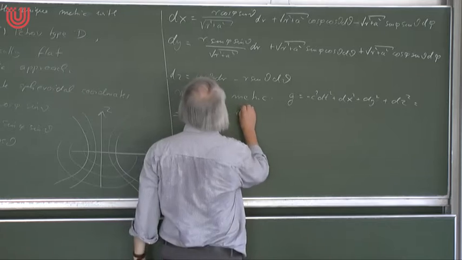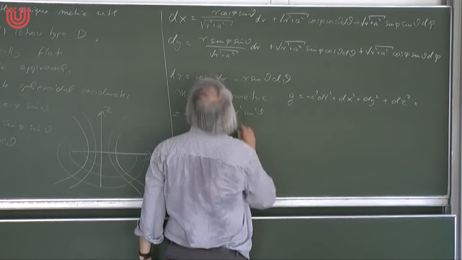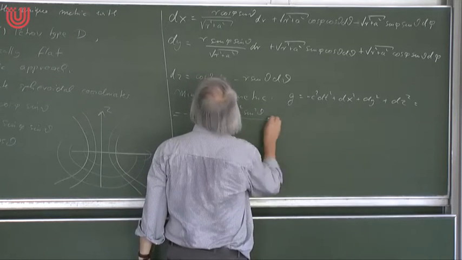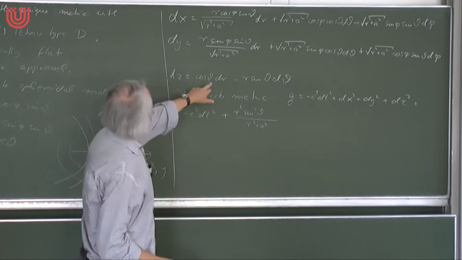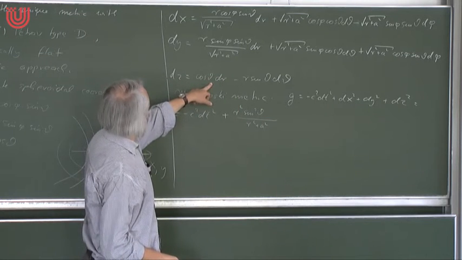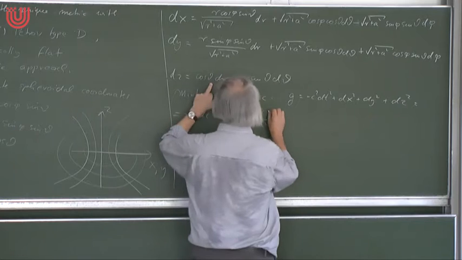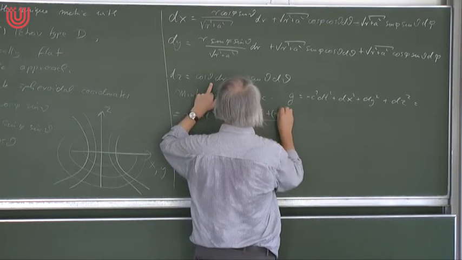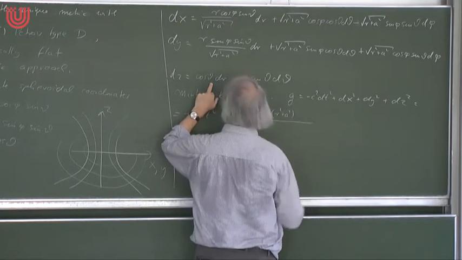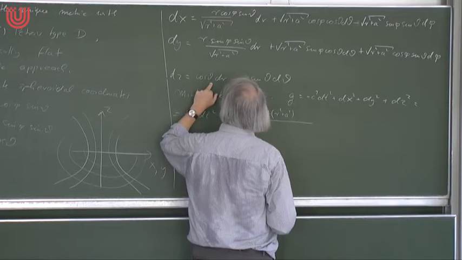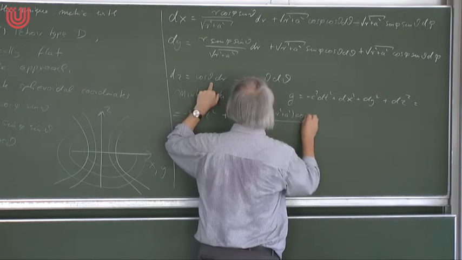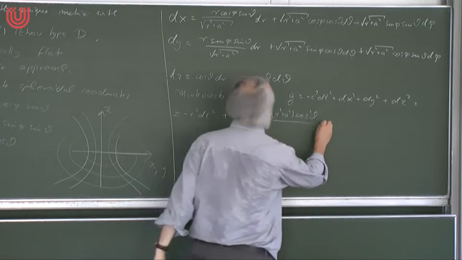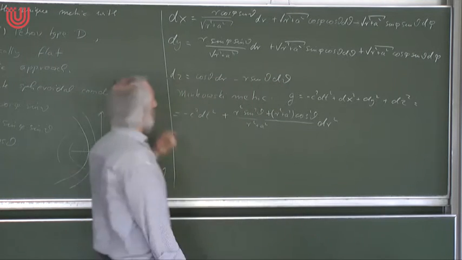So this gives r squared sine squared theta divided by r squared plus a squared, and then here I get a cosine squared theta. Let me write this in a somewhat more complicated way, on one denominator, and it's this dr squared. Okay.